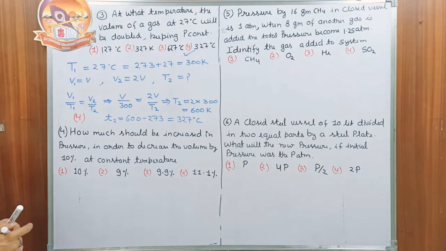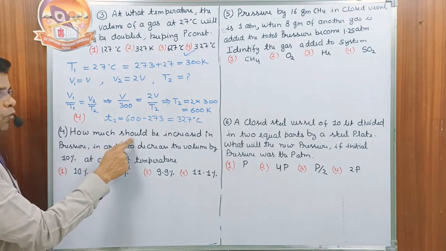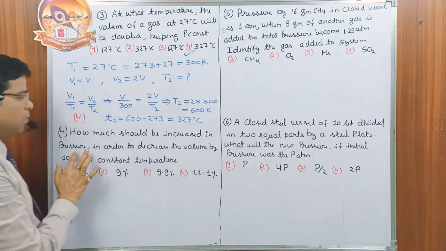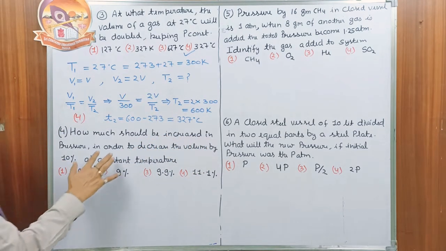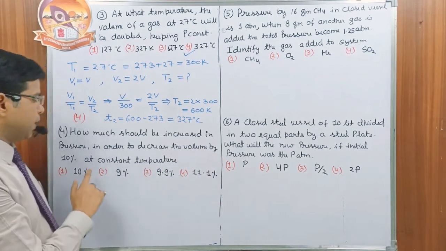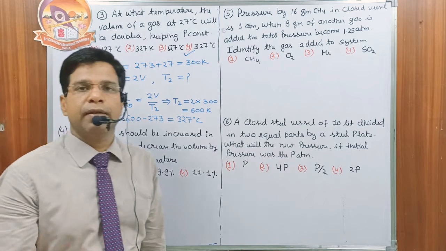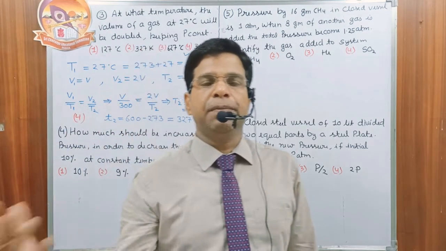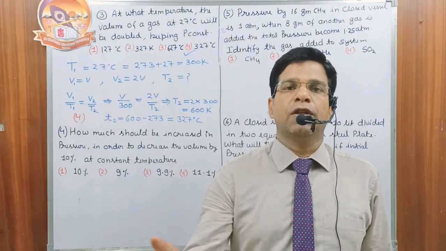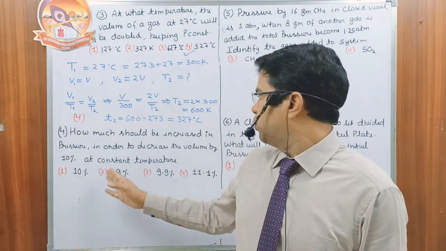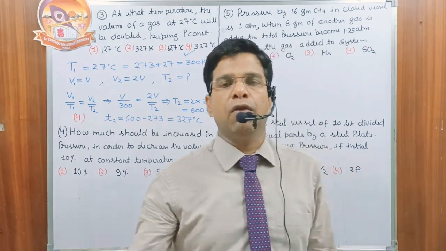Now question number 4: how much should the pressure be increased in order to decrease the volume by 10% at constant temperature? We have constant temperature, initially pressure is P, and initially volume is V. We have to change the volume by 10%.